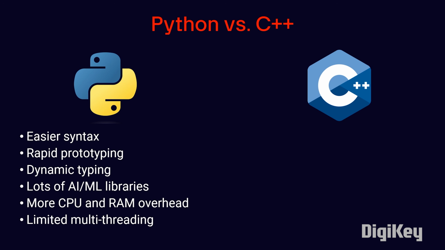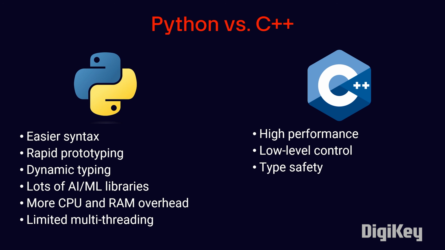For example, when you need the absolute highest performance or you want low-level control of things like memory or CPU cycles. C++ is a strongly typed language, so you can find some bugs at compile time rather than runtime, as you might for dynamically typed languages like Python. It's also easier to create deterministic programs in C++, although that may mean using a real-time Linux kernel or going to something like micro-ROS.